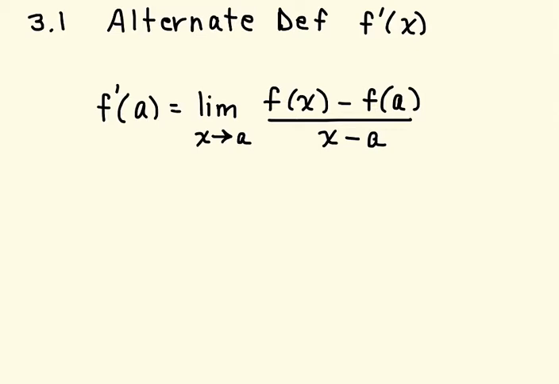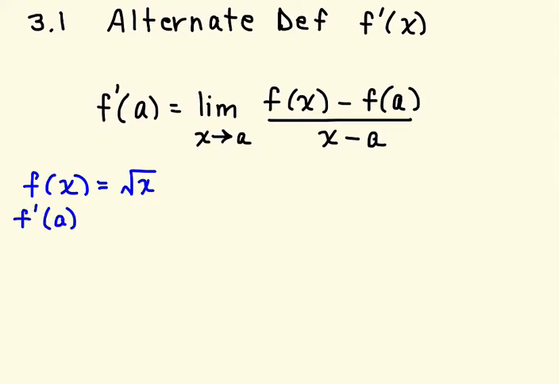Okay? So we'll do an example of using this. Let's see if I can fit this on the same page. If we want to find f prime of a when f of x is equal to the square root of x, what is f prime of a?